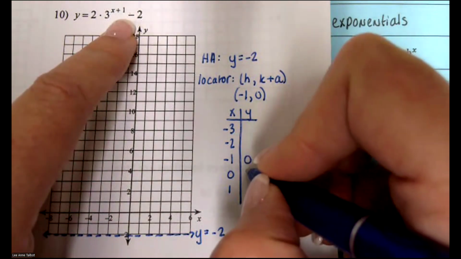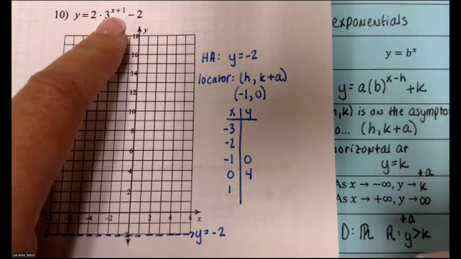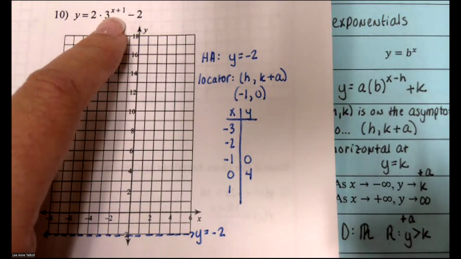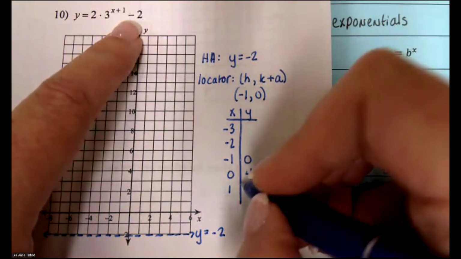Minus 2 is 4. 1 plus 1 is 2. 3 to the 2 is 9. 9 times 2 is 18. Minus 2 is 16.